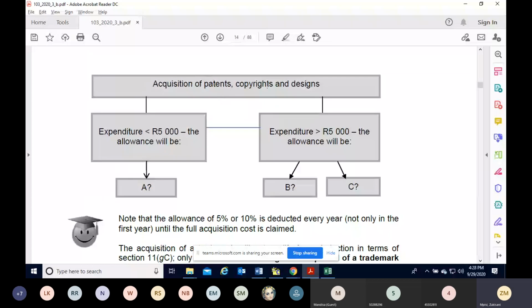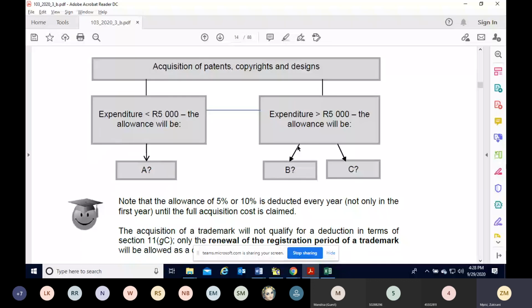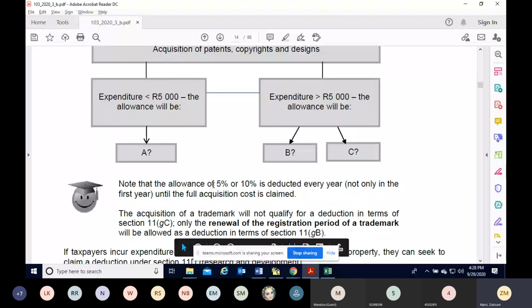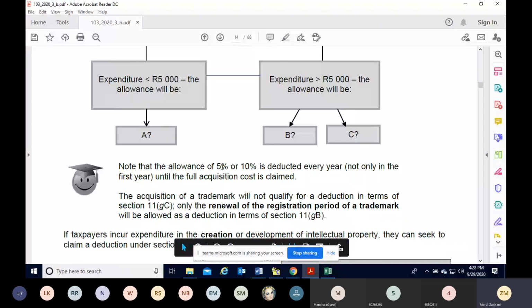acquisition of patents, copyrights, and designs. You are told here if expenditure is less than 5,000, the allowance will be the expenditure. But note that the allowance of 5% or 10% is deducted every year, only in the first year until the full acquisition cost is claimed. I'm going to look at the same description in the textbook.